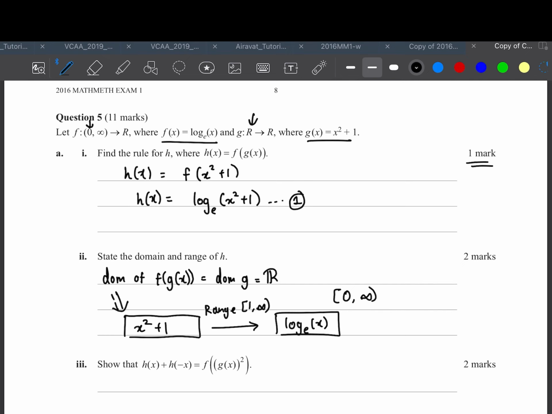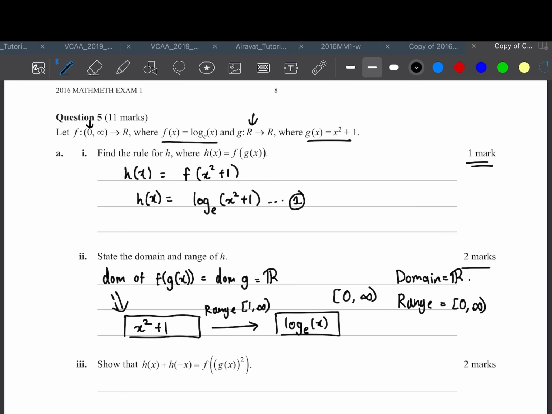So once I know the range of g, I'm going to input the range of g in f of x to find the range of f of g of x. And that's how I got the answer 0 to infinity. So our domain is going to be R, and range is equal to 0 to infinity. I hope that made sense.